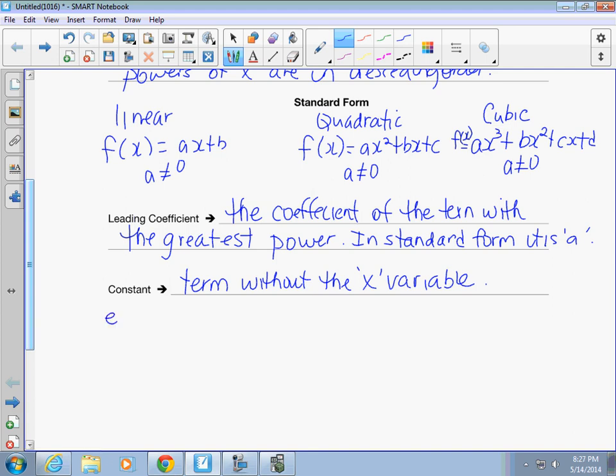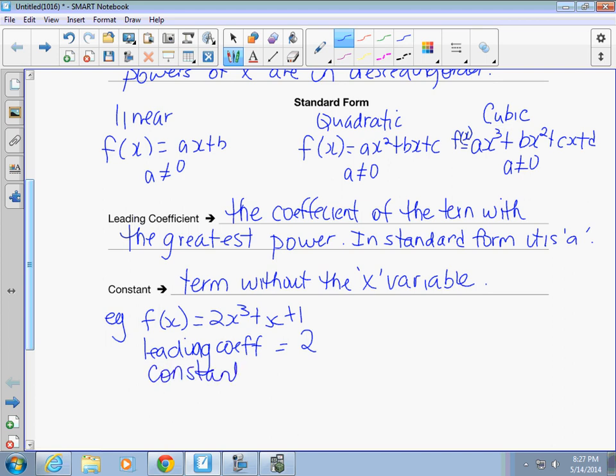So example, if you had f of x is equal to 2x cubed plus x plus 1, your leading coefficient is equal to 2, and your constant would be positive 1.